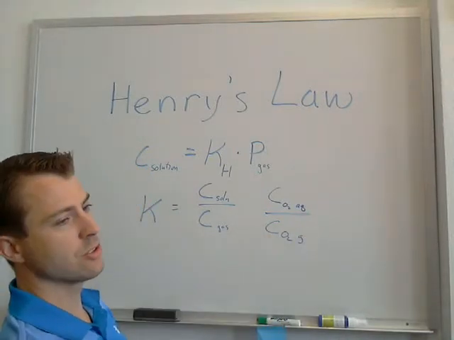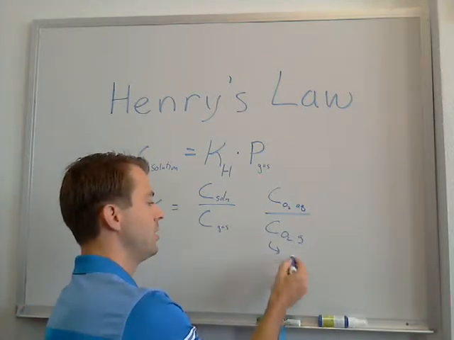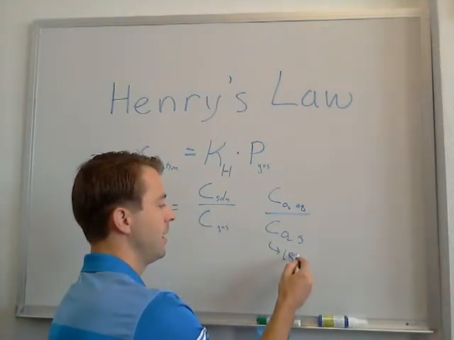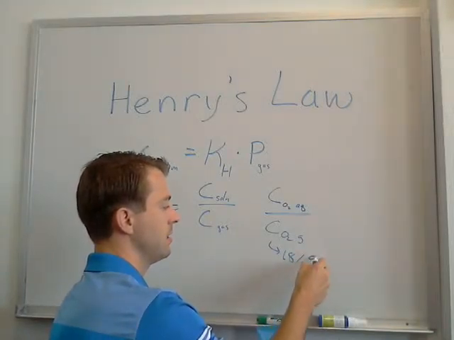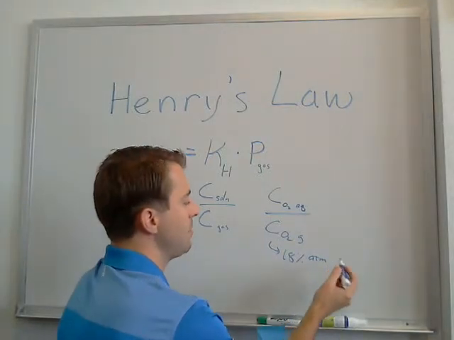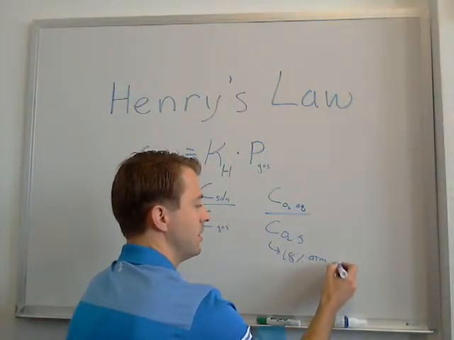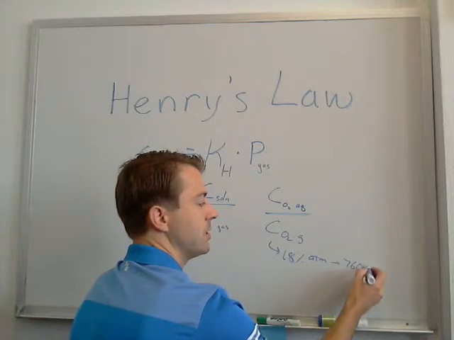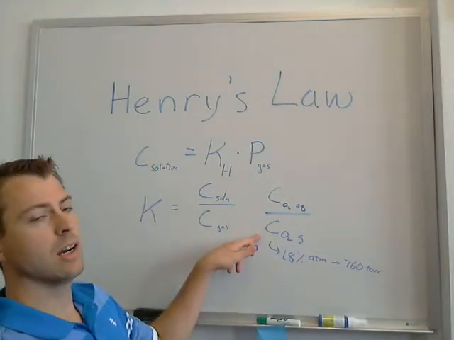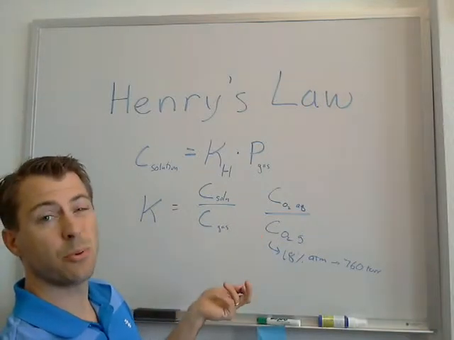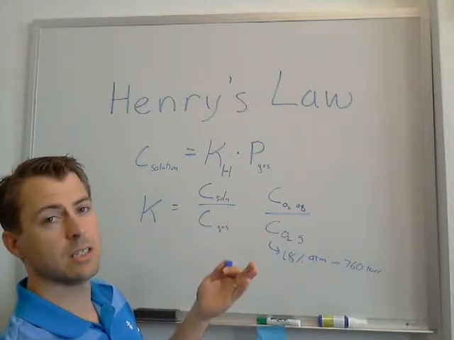Of course the concentration of O2 is roughly 18 or 19% of our atmosphere. And then our atmosphere is 760 torr. So we oftentimes express the concentration of the gas as a pressure instead of actually a concentration.